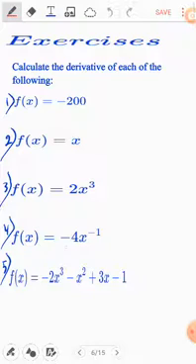Here, k is minus 4, and g is x power 3. And here, f of x equals minus 2x cubed minus x squared plus 3x minus 1. Solve these as homework.